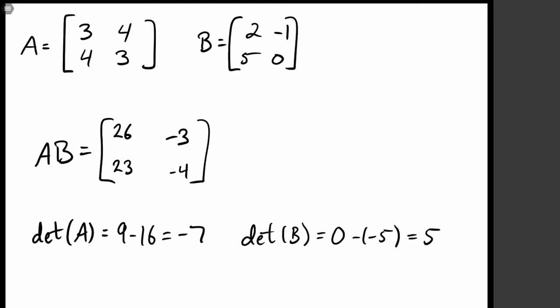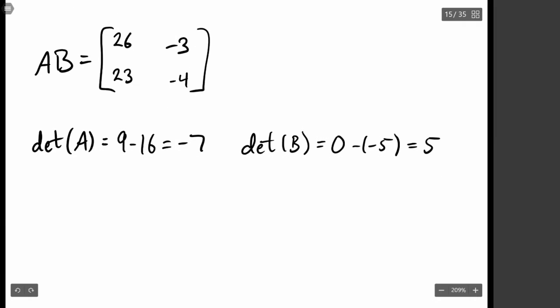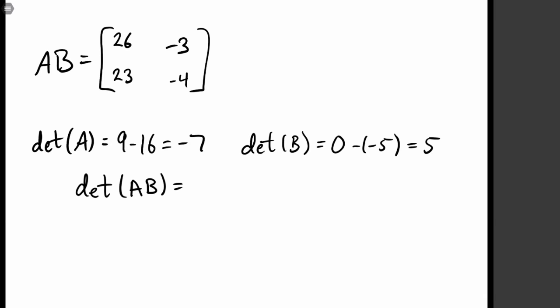All right. Now let's do the determinant of A times B. But before we actually compute it, and without doing the numerics in your head, what do you think it might be? See if you can make a guess first. So pause it here if you need to.